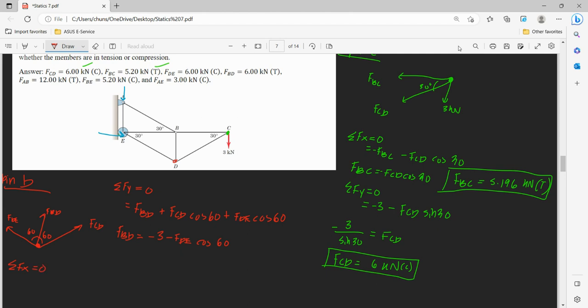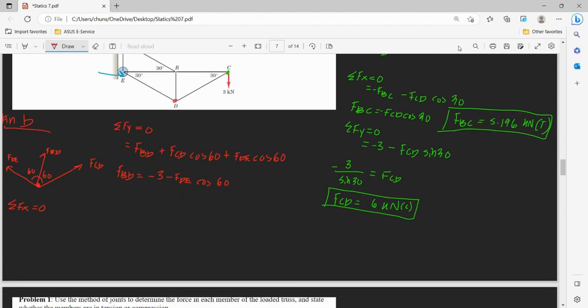And at x, we have just 2, and they're pointing the opposite direction. So this is FCD, in the positive x direction, sine 60, and then we have minus FDE sine 60. We could solve for FDE here.